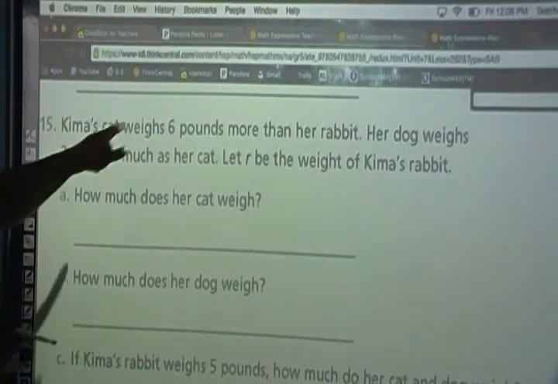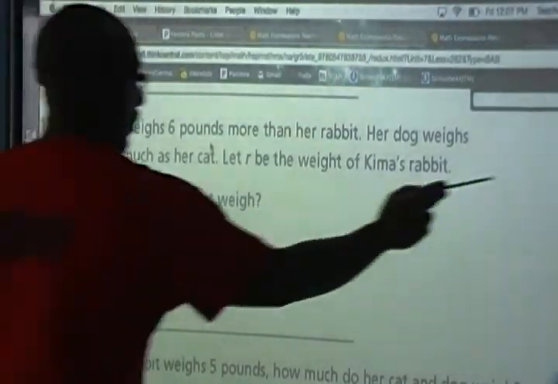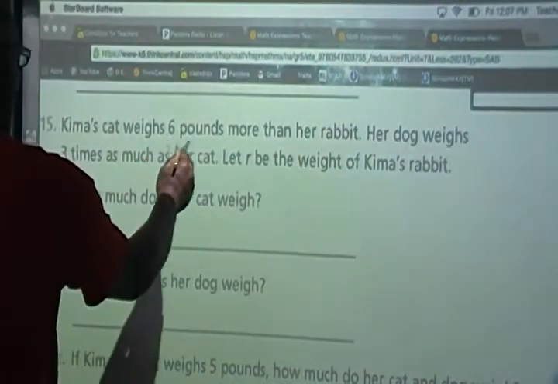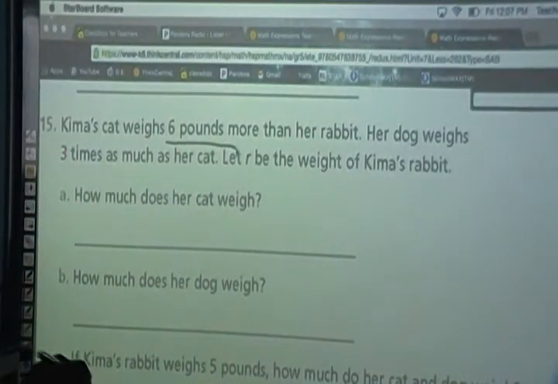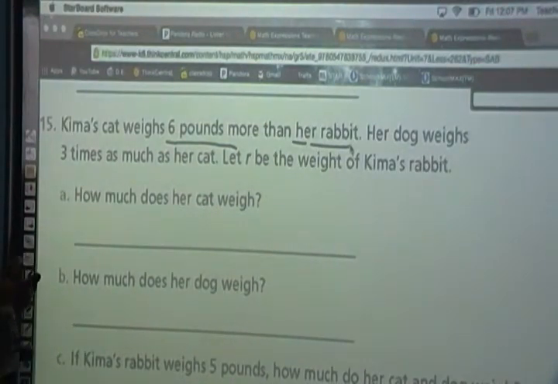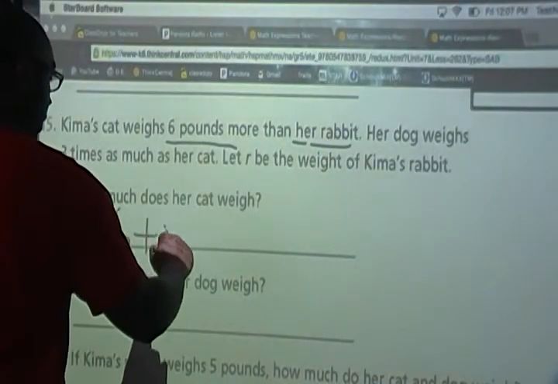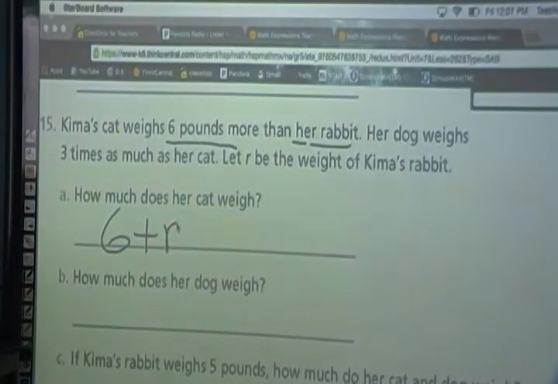Well, up here we look and we see that the cat is 6 pounds. Right, there we go. The cat is 6 pounds more than her rabbit. So more is a key way of saying adding 6 pounds more. So we know that 6 plus r. Okay? Now the next part is how much does her dog weigh?